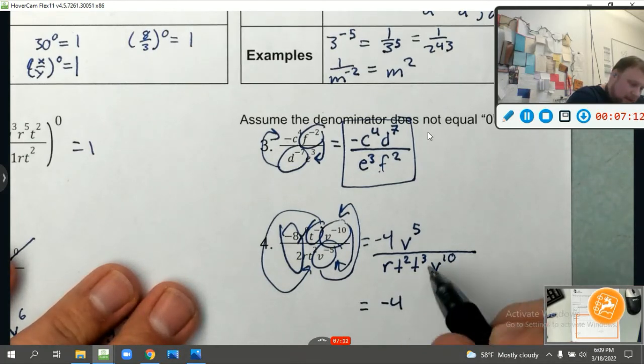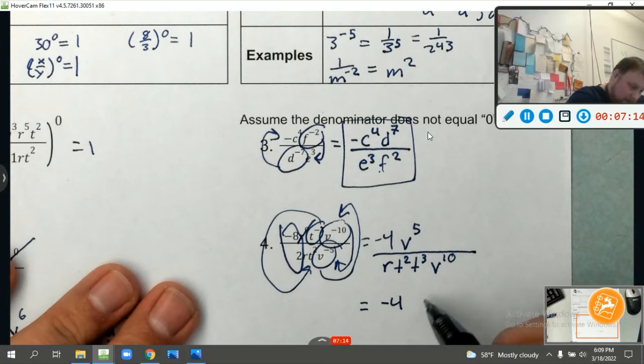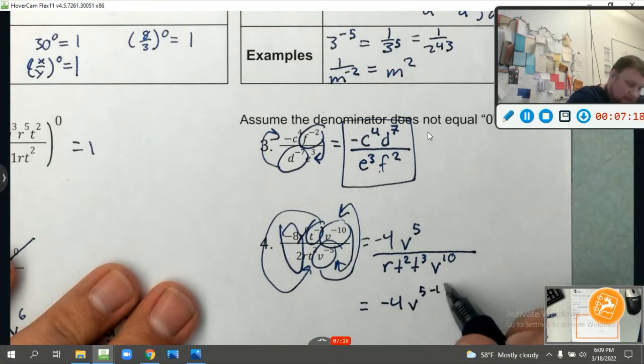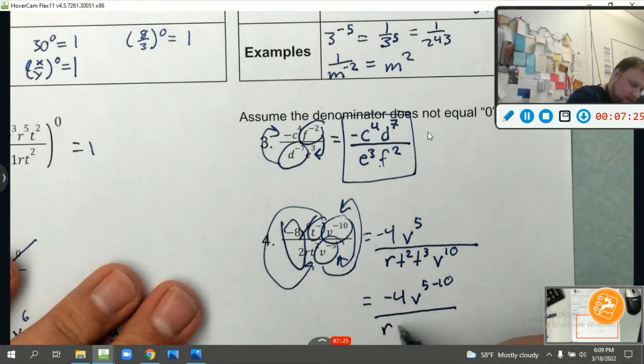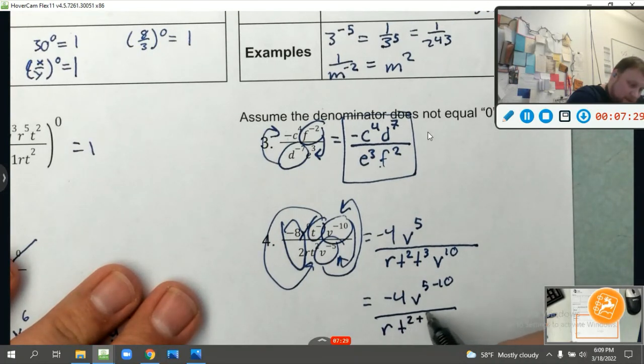And I'm going to have v to the 5 minus 10, to combine these, all over r times t to the 2 plus 3, because it's t squared times t cubed. And let's see what happens.